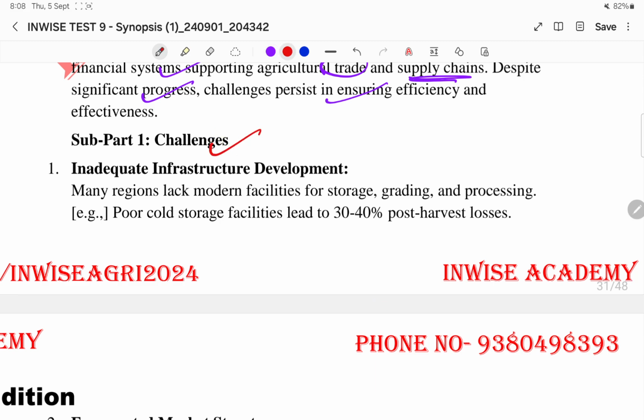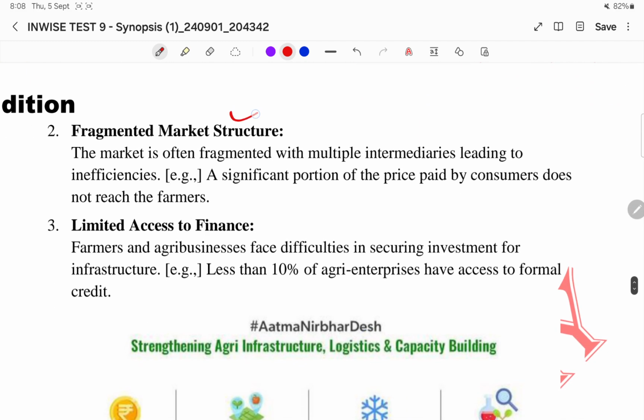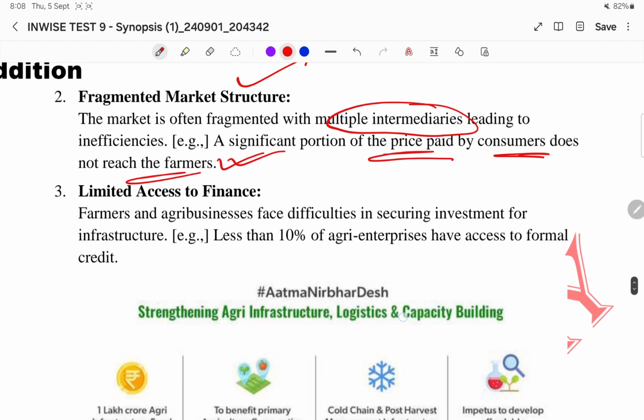So, what are the challenges? Inadequate infrastructure development: many regions lack modern facilities like storage, grading and processing, and poor cold storage leads to 30 to 40% post-harvest losses. Then a fragmented market structure with multiple intermediaries: a significant portion of the price paid by consumers does not reach the farmers. This is the major reason in Indian markets also.